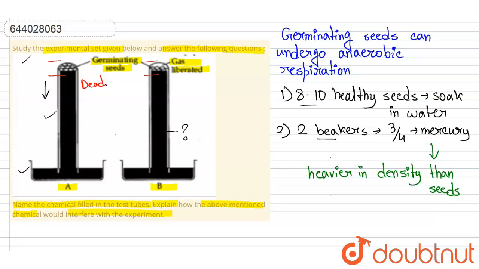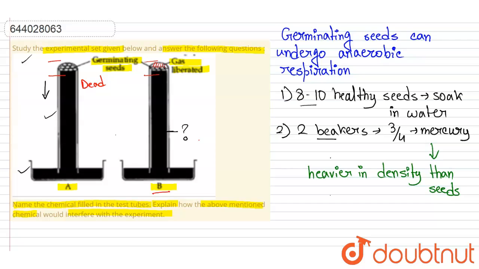So after a few days, let's say 2 or 3 days, what we can see is that in the B setup that had the live seeds, there is some gas. As we can see here, some blank space is here, and a gas is collected at the top of the test tube in the B setup, that is with the live germinating seeds.